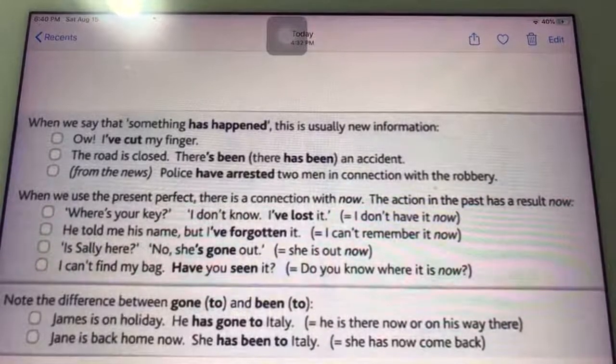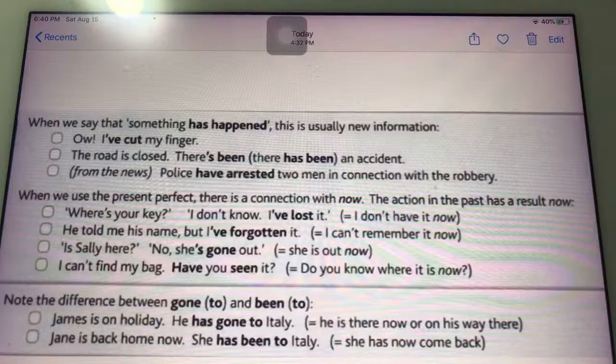Okay. So she has watched the movie. Okay? So again, that is saikin. Wakaru.